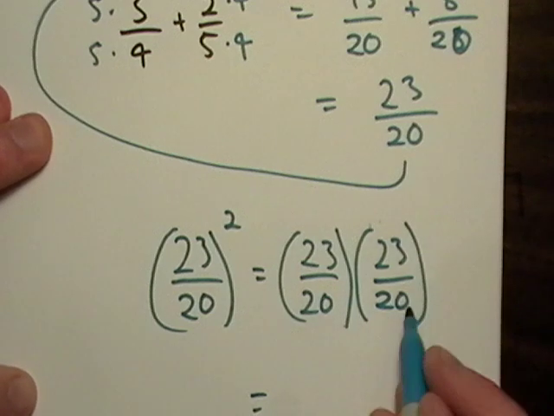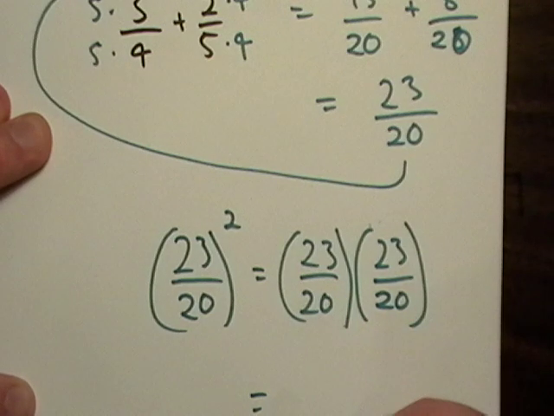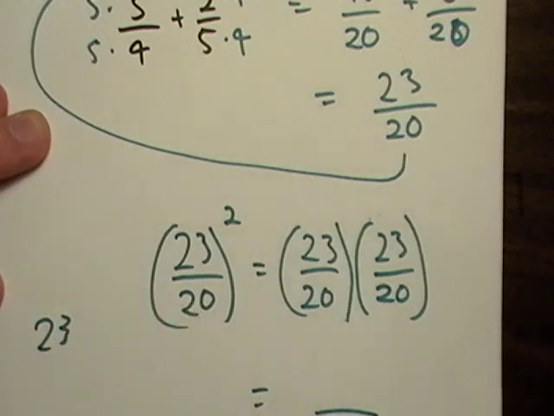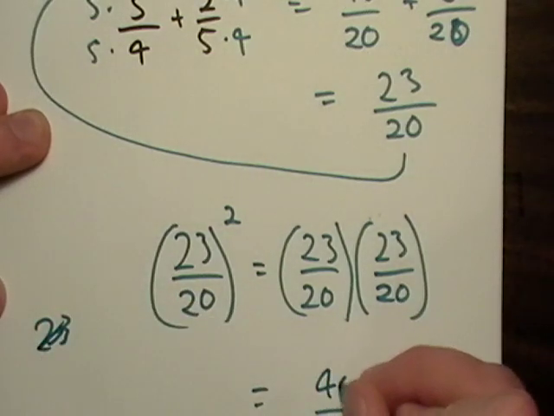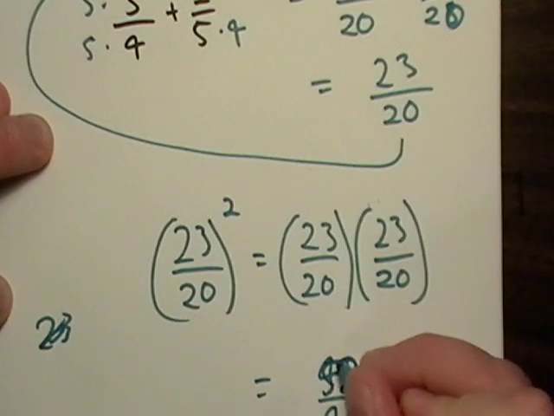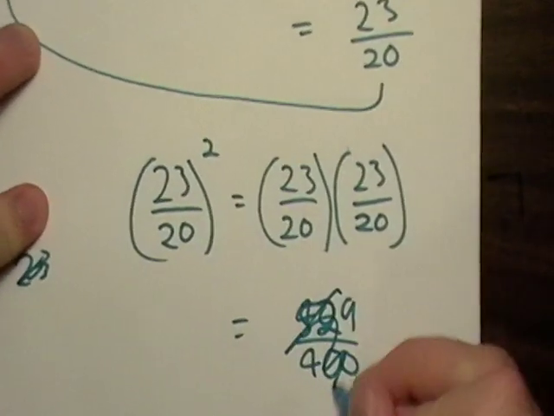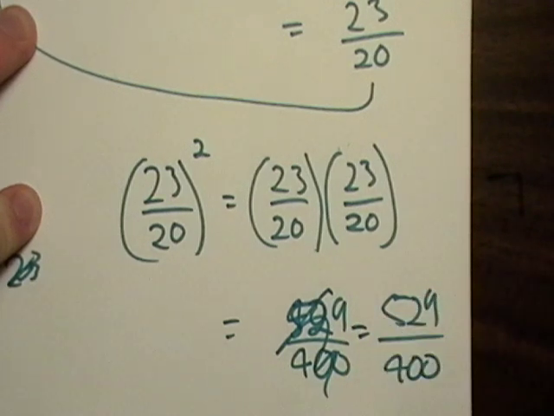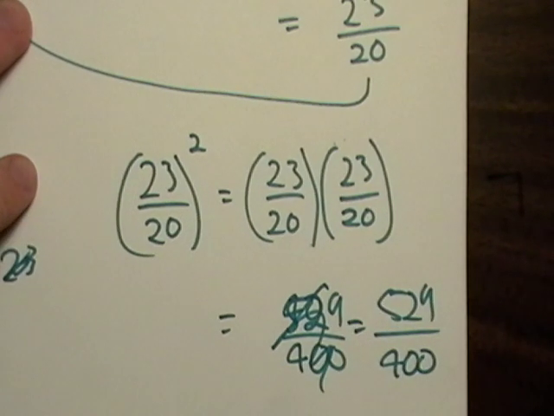I know the bottom is going to be 4, with 2 zeros on the end of it. 23 times 23, let's see, what is that, 409? Let me see if I did my math correctly. No, it's 529. Oops, I didn't do it correctly at all. So it's 529 over 400. And there's nothing wrong with using your calculator on these bigger ones.